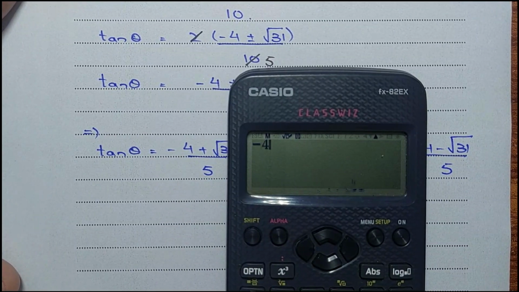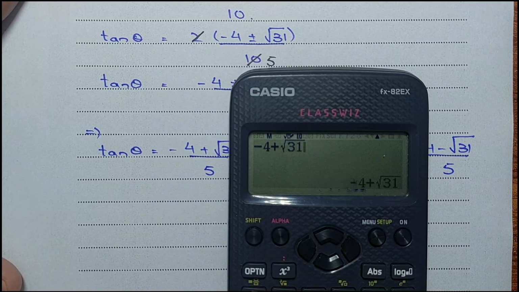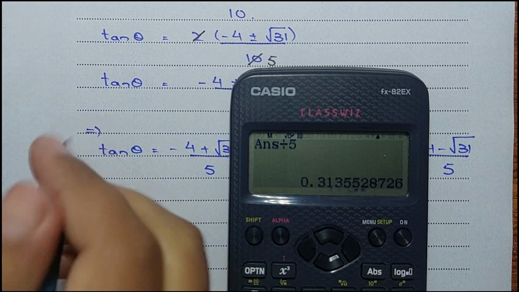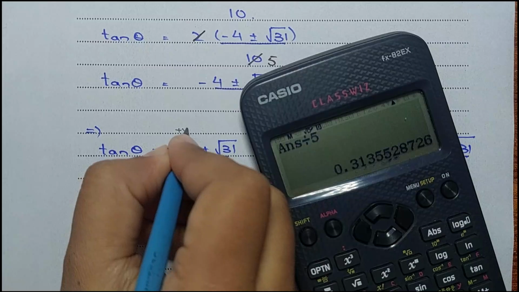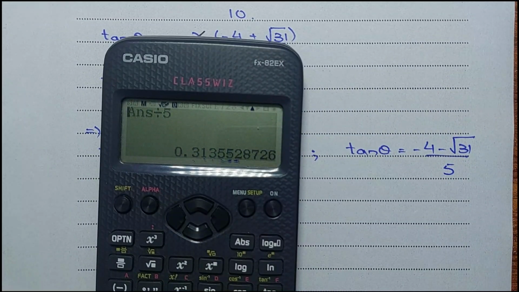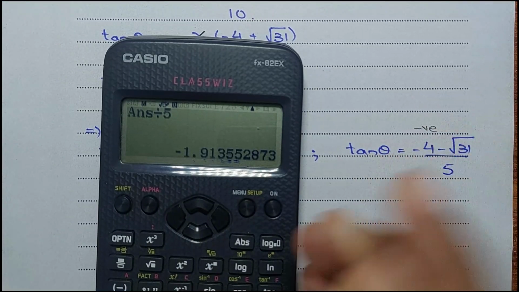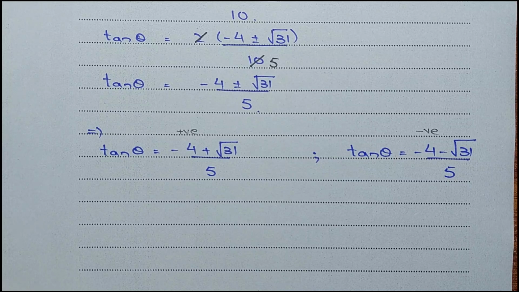Minus 4 plus root 31 divided by 5, it's positive. Tangent is positive over here. Right. This says tangent is positive, and the other one, minus 4 minus root 31 divided by 5, tangent is negative.